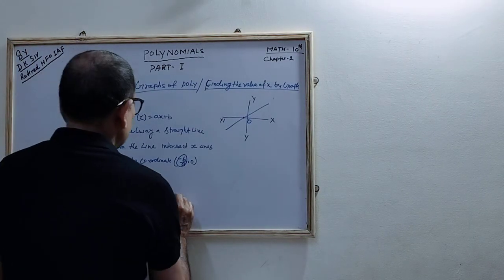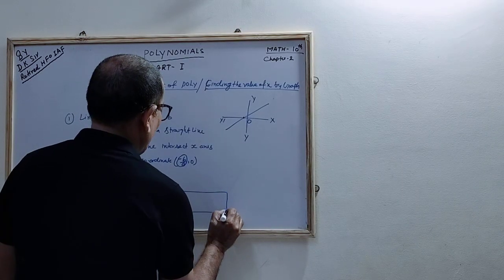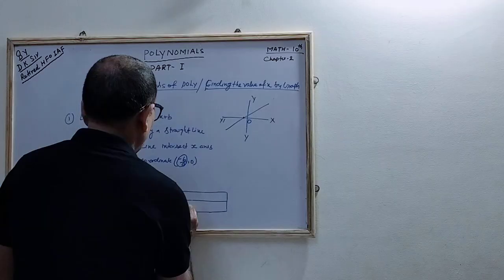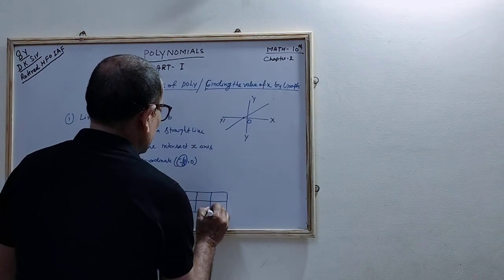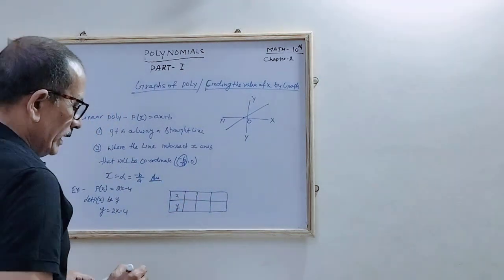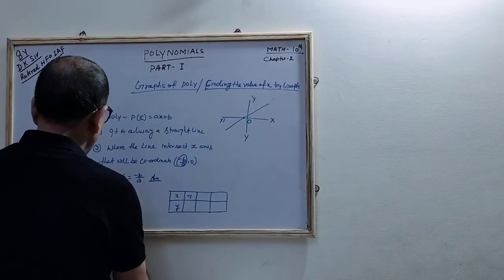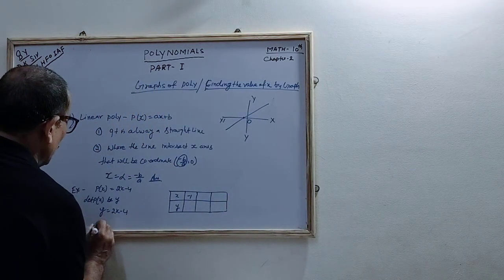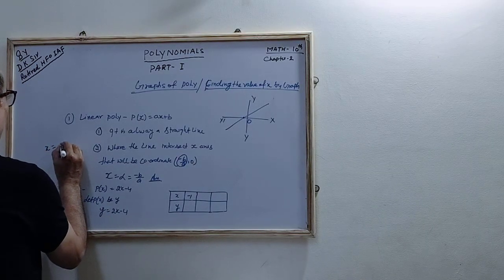We will put it in tabular form, with x on the top and y on the bottom. We are trying to find the ordinates of the xy plane. Suppose we write x equal to -1.